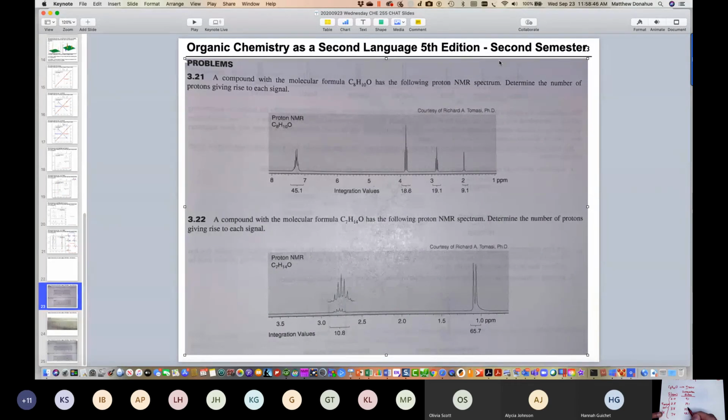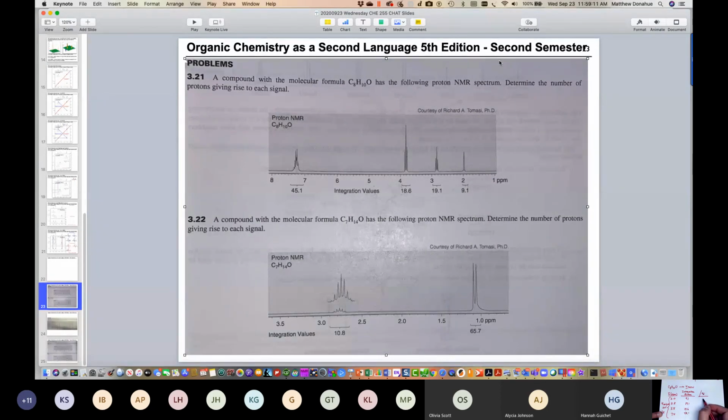So you can think of this as sort of the area under those specific curves. So we know that a carbon or a group can't have 45 hydrogens, so we normalize this by dividing by the smallest one. So 9.1 is the smallest of those numbers.